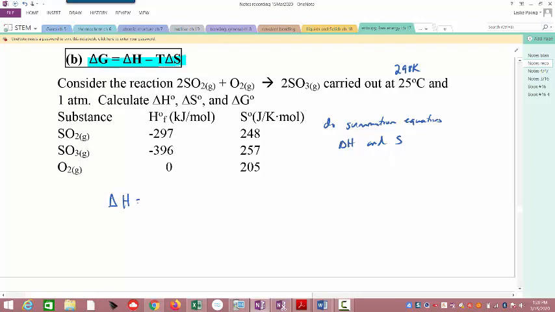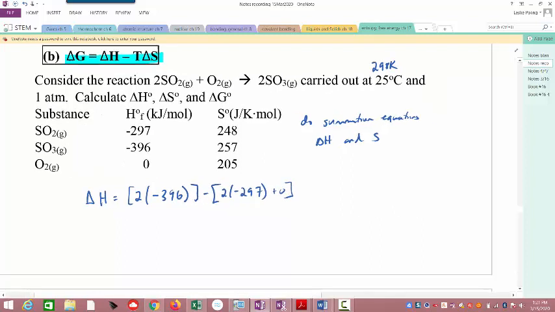So our delta H would be 2 times our value for SO3, negative 396. And then subtract the reactants. So we would have 2 times negative 297, and then 0 for the oxygen.